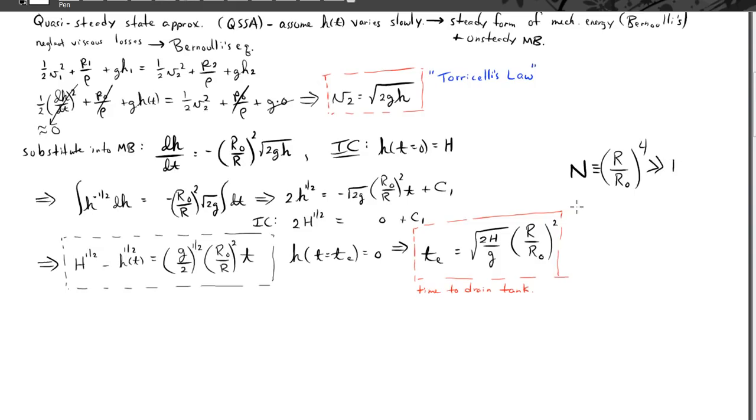It's a dimensionless parameter, simply the ratio of the tank radius to the outlet hole radius, R to r naught, raised to the fourth power. And so we can write this in dimensionless form as te divided by the square root of 2H over g, to the 1/2, is equal to n to the 1/2 power.